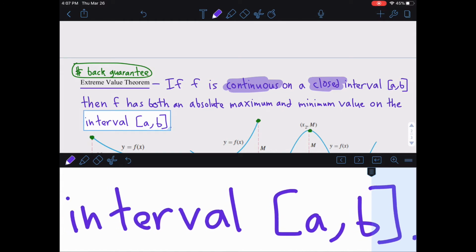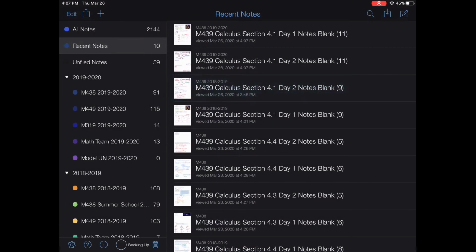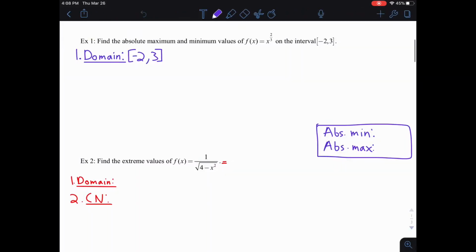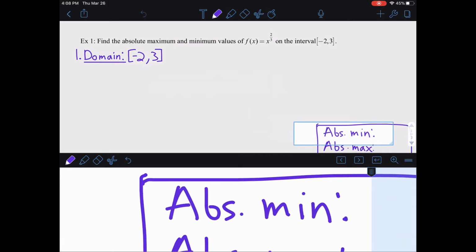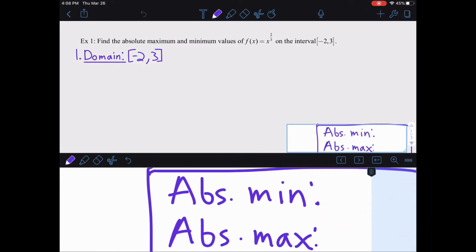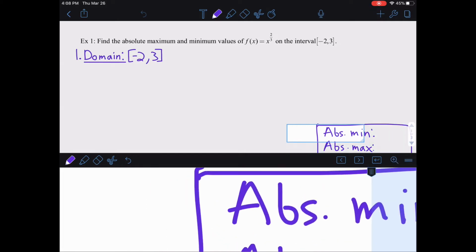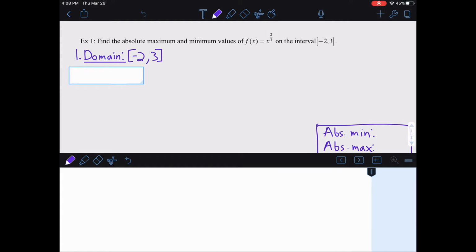Guaranteed. So that's going to be a very nice hint for us. Okay, so we know without having to do anything that we're going to have an absolute min and an absolute max, no matter what. Okay, so let's go about in our quest to find this. So that was step 1, establishing the domain.